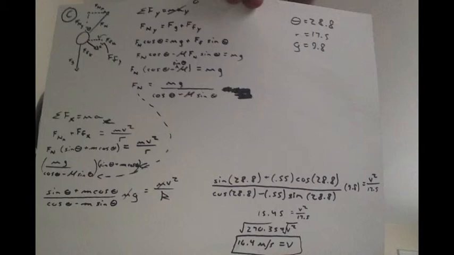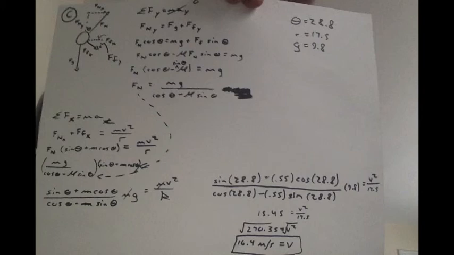And from here we can write the force of normal as mass times gravity over cosine of theta minus the coefficient of friction sine theta from what we solved for before, and this other term, and then we can multiply these two together and get what's down here on the bottom.